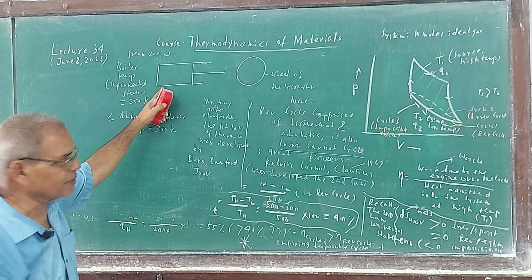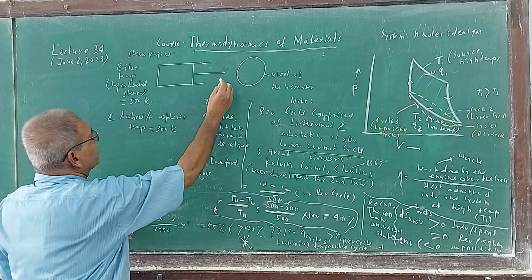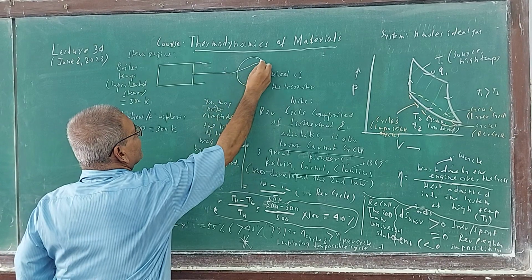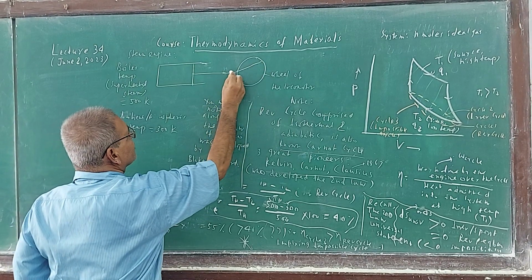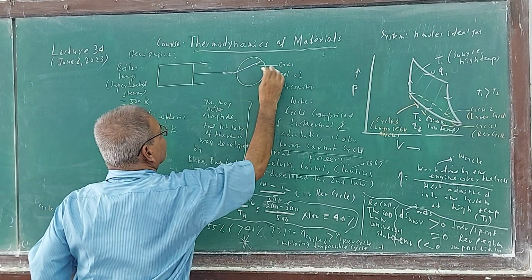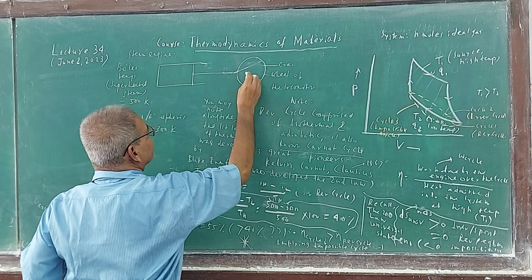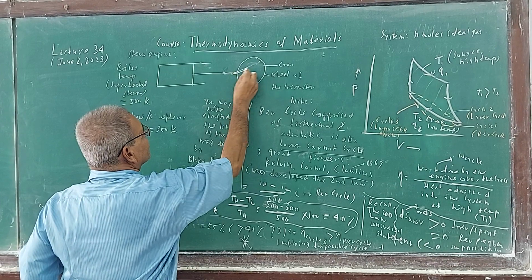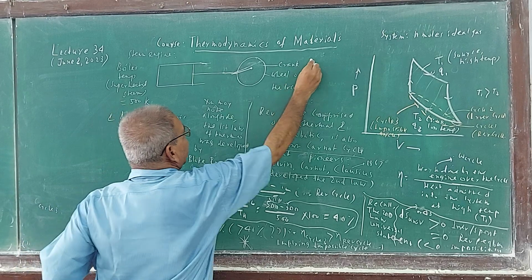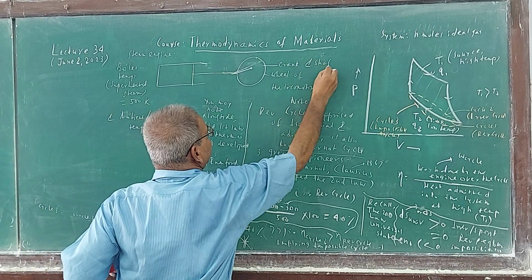Then it executes expansion, compression, all such things. You feed it with the help of a crank. This is the crank, fitted in the middle, a crank and shaft arrangement.